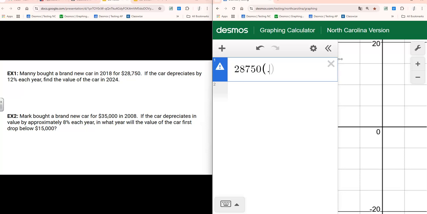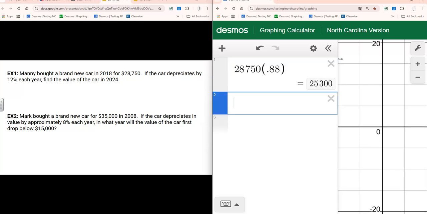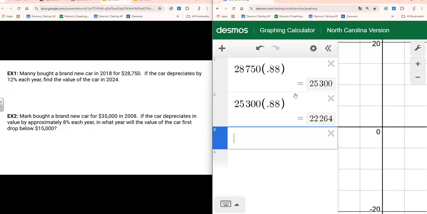So at the end of the first year, if I multiply that by 88%, now the car is only worth 25,300, right? And then if I take 25,300, the next year it's going to get multiplied by 0.88, and that's going to be 22,264.